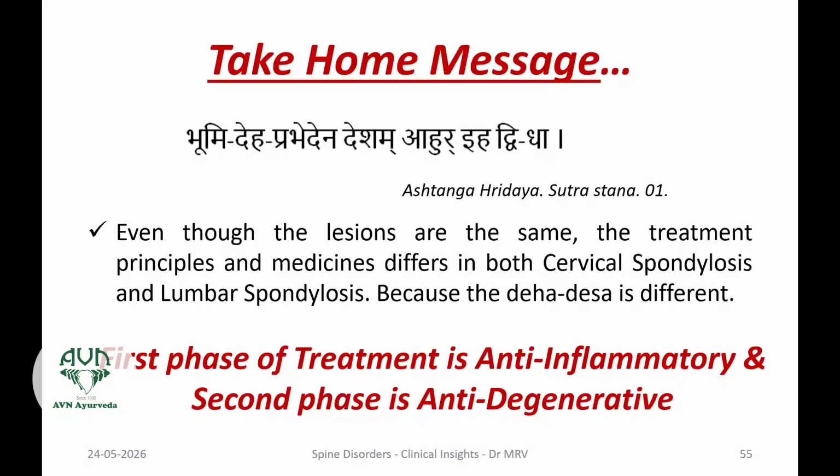For various parts of the body, we have to adopt various treatment techniques. That is very, very important. Hence, our treatment principles are entirely different from modern medicine, because we have to do some sthanika chikitsa also. This is the take-home message for cervical spondylosis and lumbar spondylosis: even though both diseases have the same lesion, you have to adopt different treatment techniques.